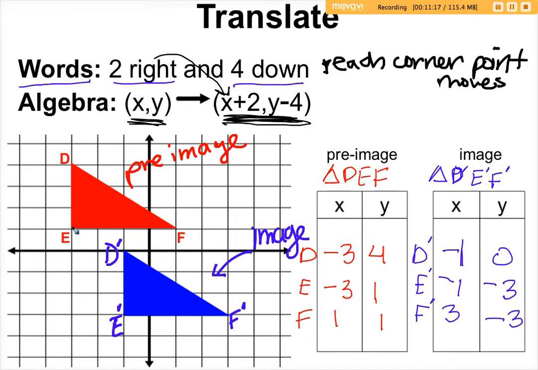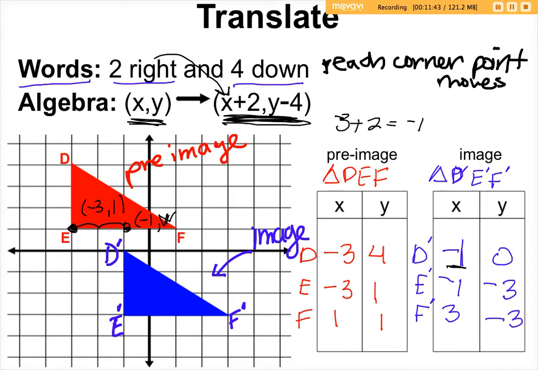If I look at E, the ordered pair of E was -3, 1. And I'm going to move this 2 to the right. So if x was -3, and I add 2, I get -1. And that's what we have right here, -1.